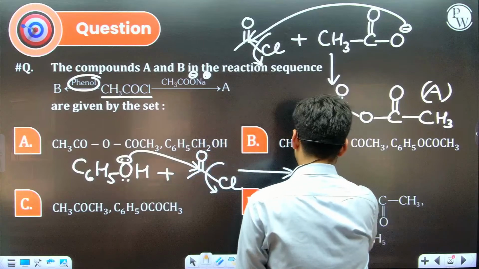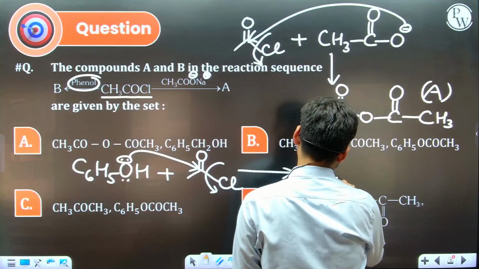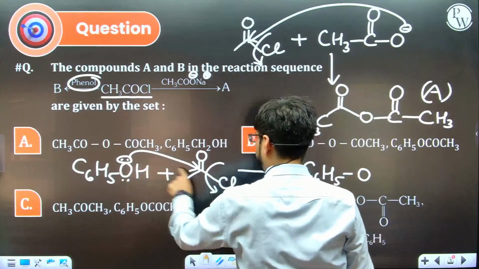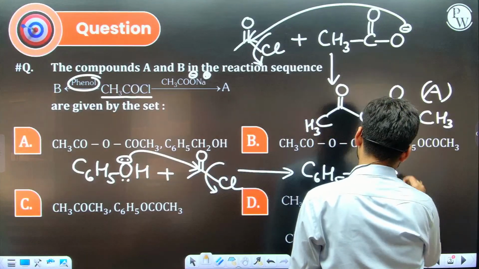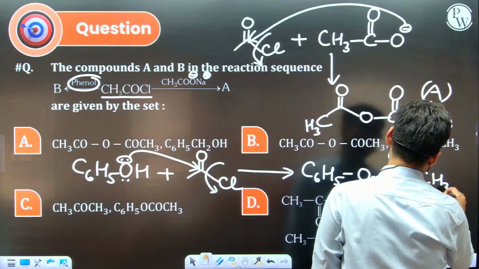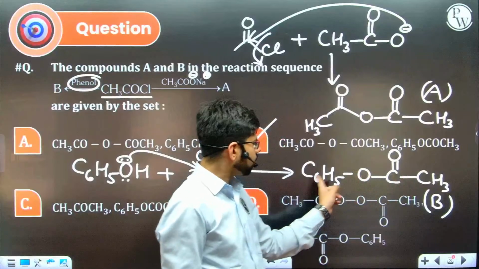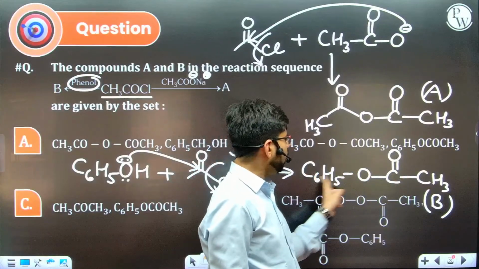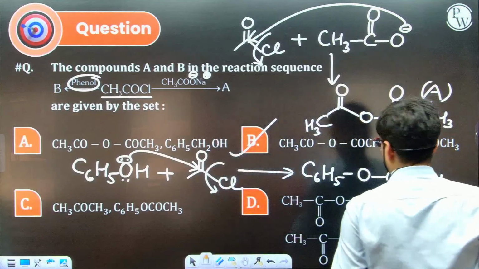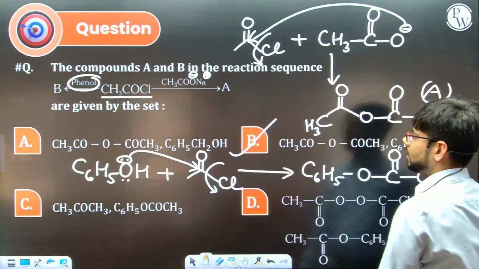Hence I will write C6H5O, and that O will be connected to this C, and then CH3. So B is an ester, phenyl acetate. So option B is the correct answer.